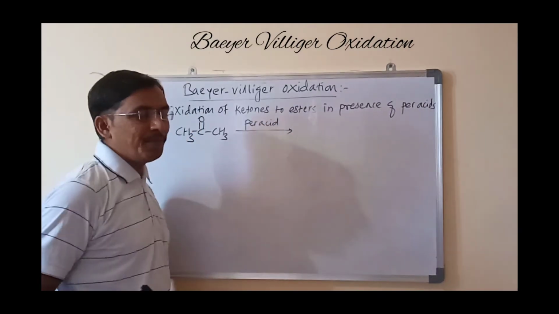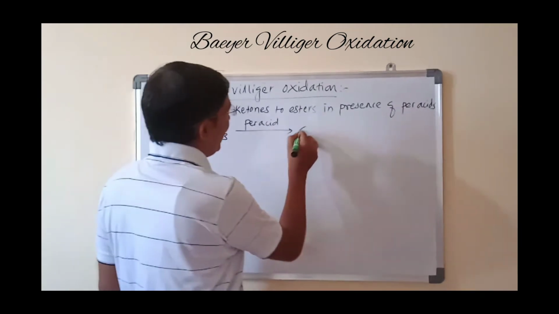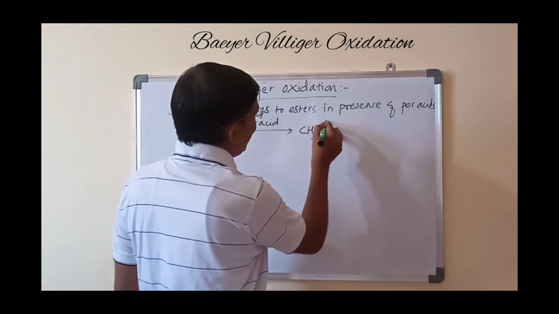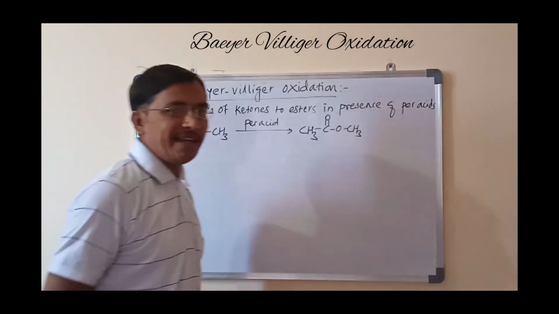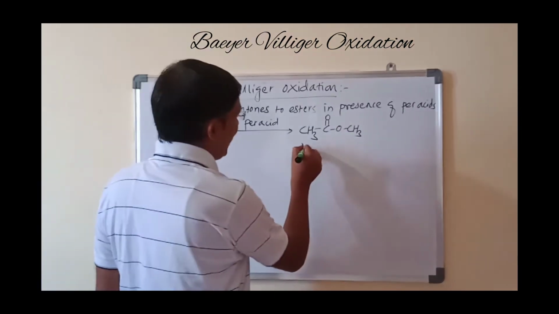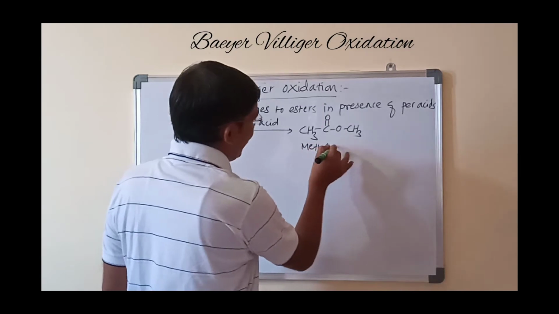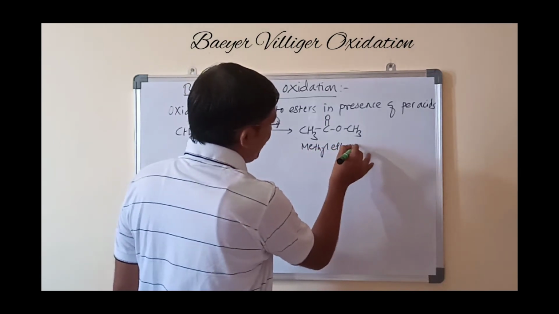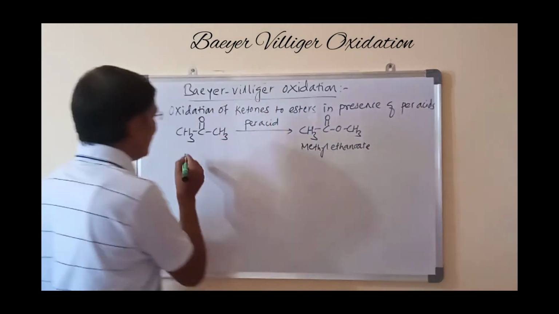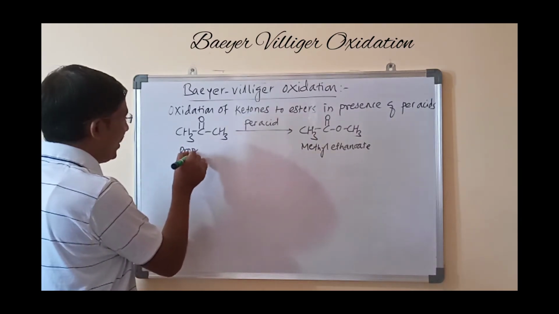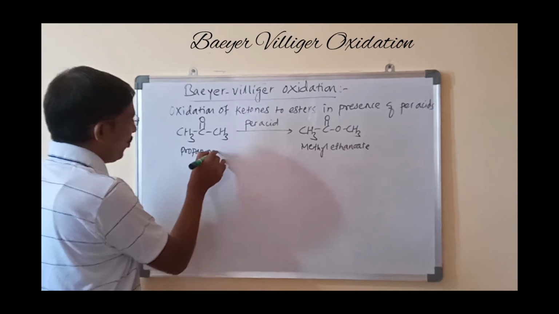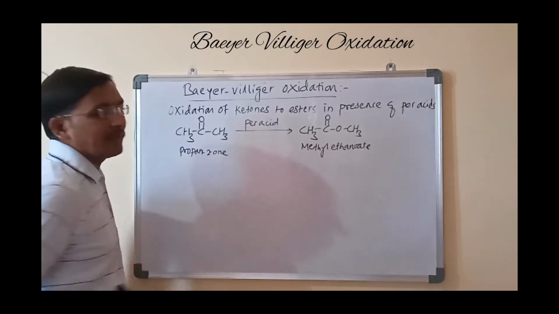Here we will take any per acid, and we will get the product as CH3 C double bond O OCH3. This is methyl ethanoate, the IUPAC name, and this one is propanone, propan-2-one.